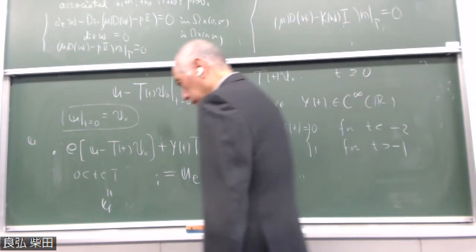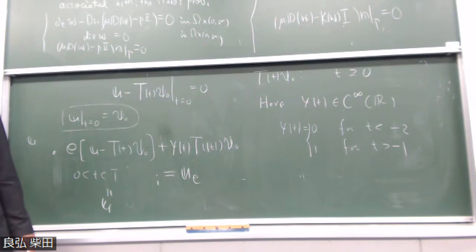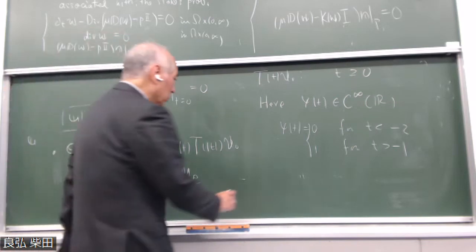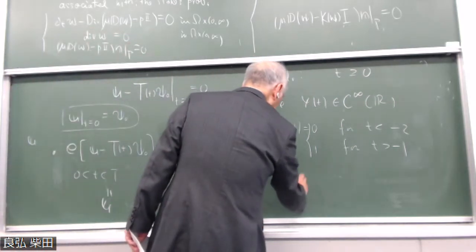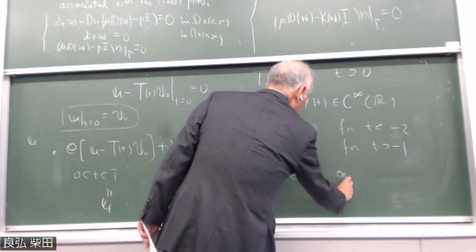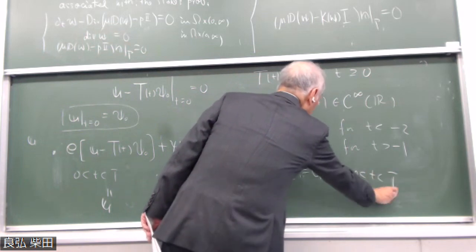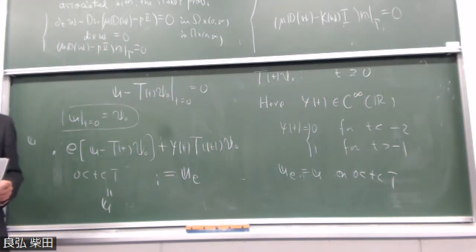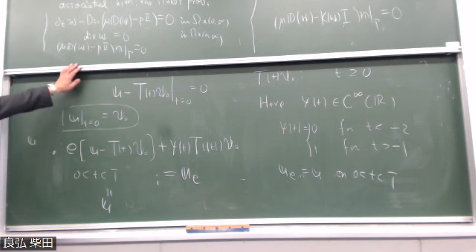So we cut the negative t, because we don't need the information from negative t a lot. So this is the extension.